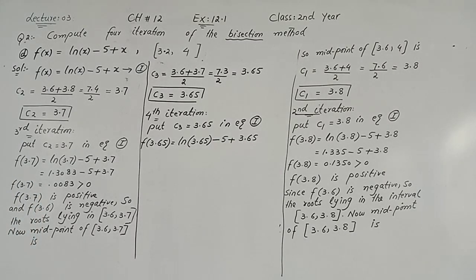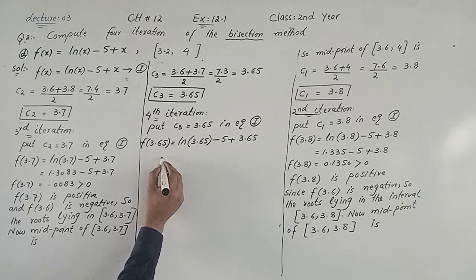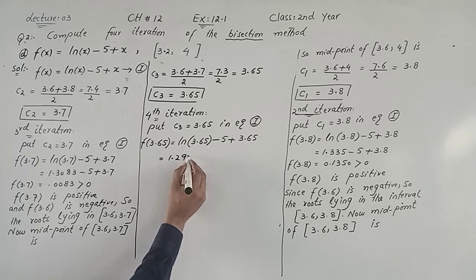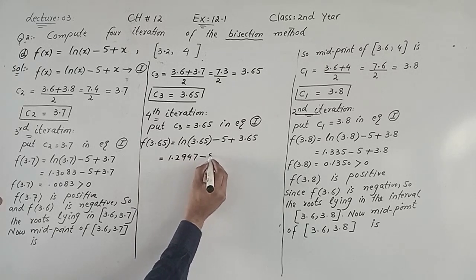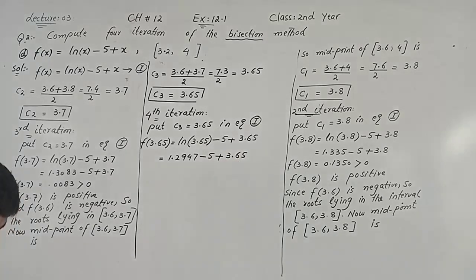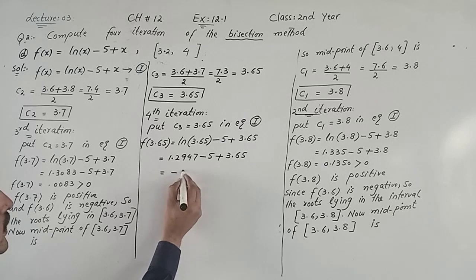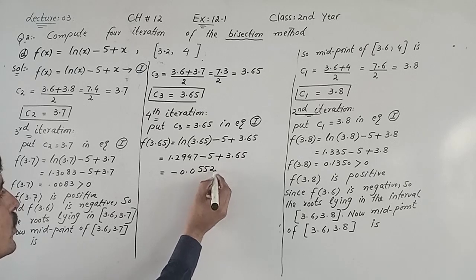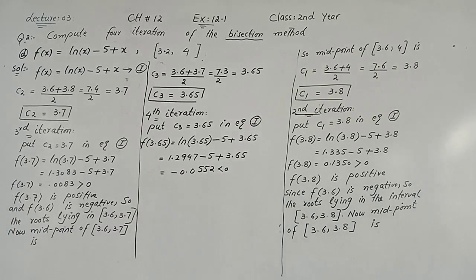Log of 3.65 इससे हमारे पास आ जाएगा 1.2947 minus 5 plus 3.65, तो इससे हमारे पास आ जाएगा minus 0.0552, which is less than 0, means it is negative.